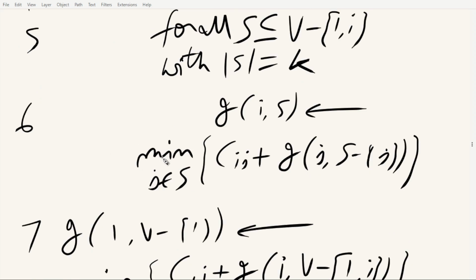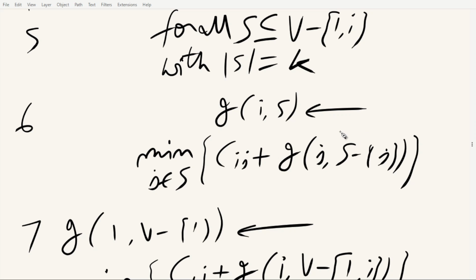Here at line 6, if we consider the minimum over j in S, there are k possibilities. There are k values of Cij we are considering, and we have to add and find the minimum. These values are already in the table.